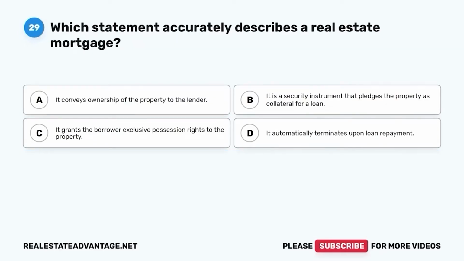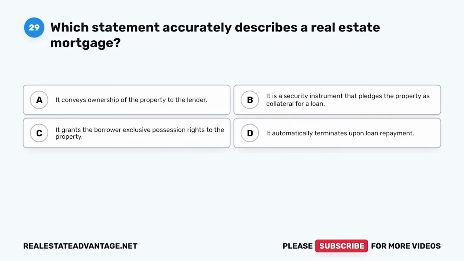Question 29. Which statement accurately describes a real estate mortgage? A. It conveys ownership of the property to the lender. B. It is a security instrument that pledges the property as collateral for a loan. C. It grants the borrower exclusive possession rights to the property.